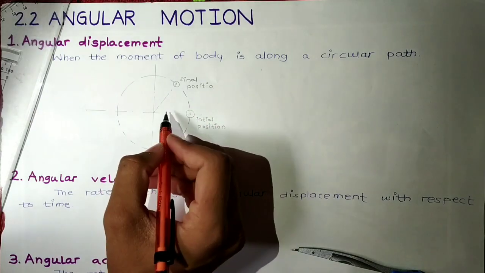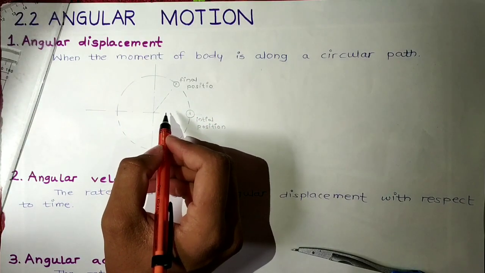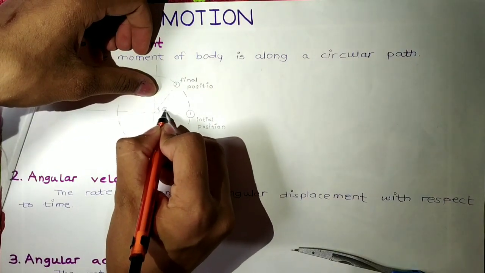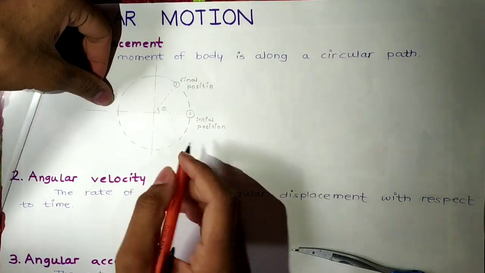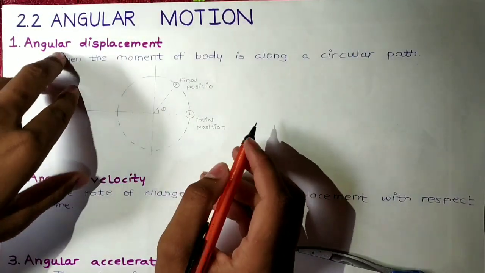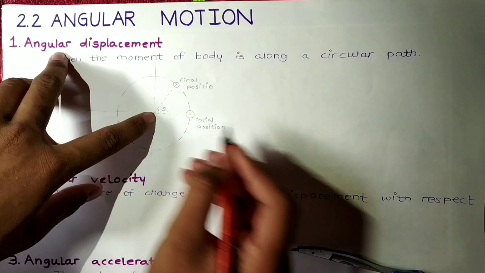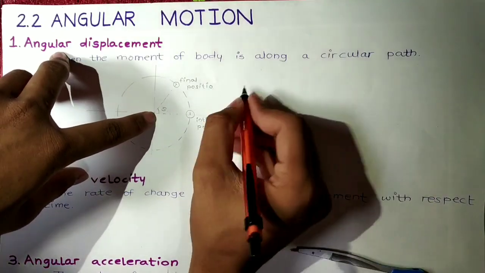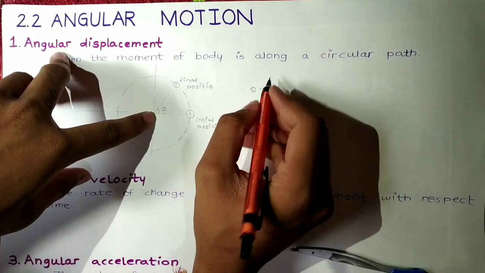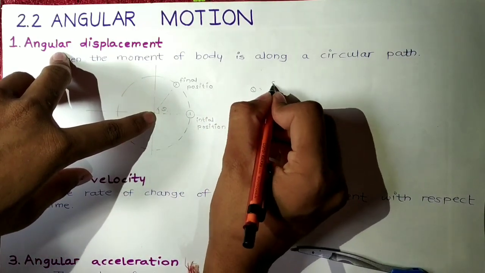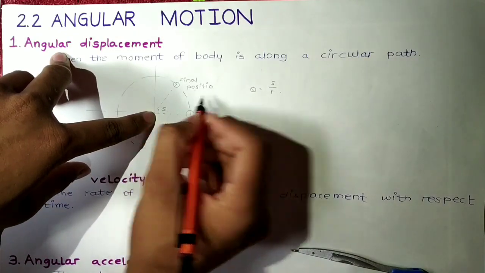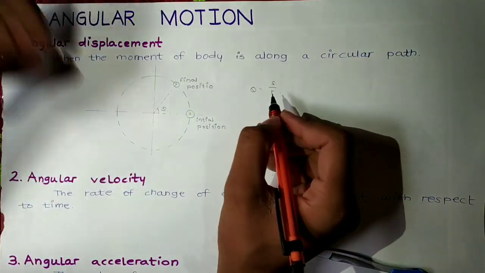The body is displaced through an angle theta from the initial position to the final position. Angular displacement means the angle between the initial position and final position, represented by the formula theta is equal to S upon R, where S means displacement and R means radius.